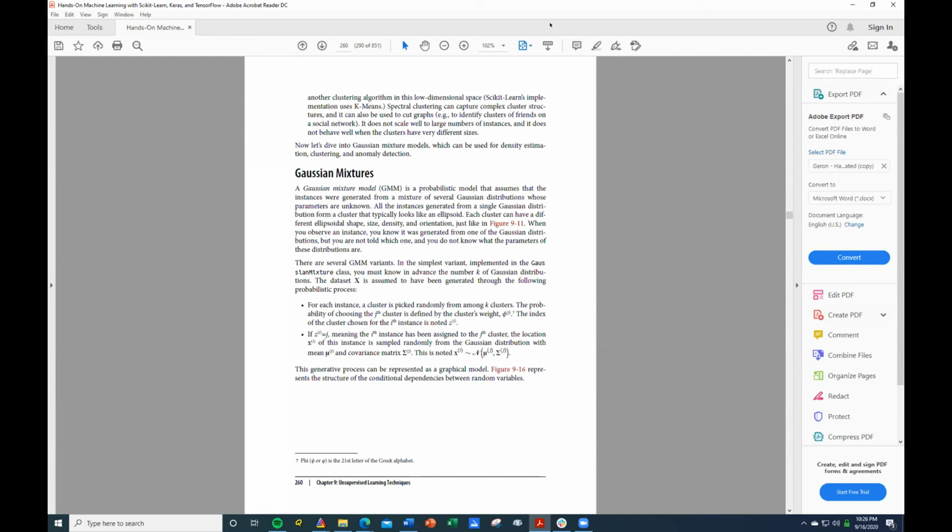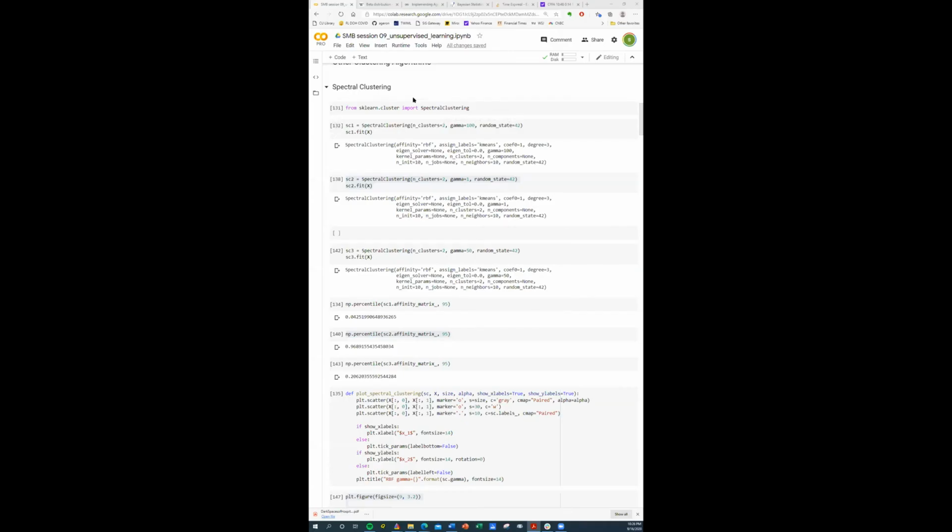So I'm going to switch to the Colab here. And here's the example on spectral clustering. So you import spectral clustering, you assign it to an object, spectral clustering 1, he gives us 2 clusters, a gamma of 100, and since it's a spectrum, I would think of gamma as like a temperature almost, okay, and a random state of 42.